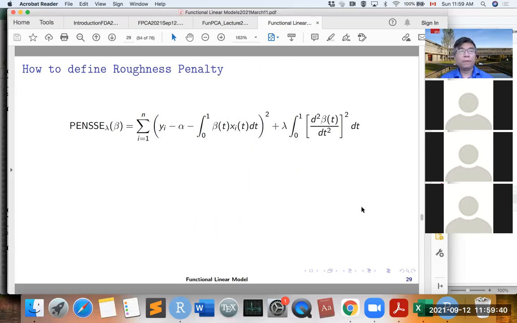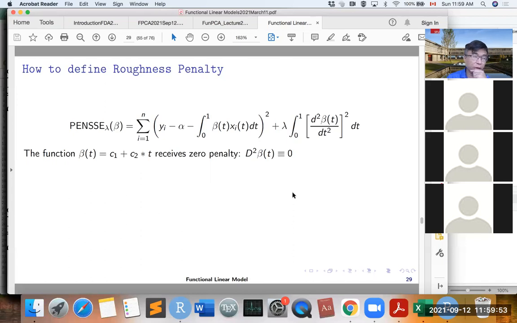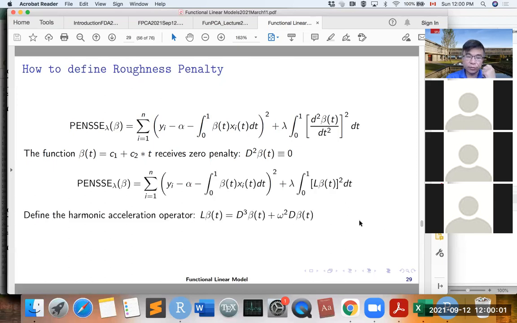Here we define the roughness penalty by looking at the second derivative of beta t. When we want the second derivative equal to 0, a linear function will get a 0 penalty. If we want the function to be periodic, then as we learned before, we may define the harmonic acceleration operator.